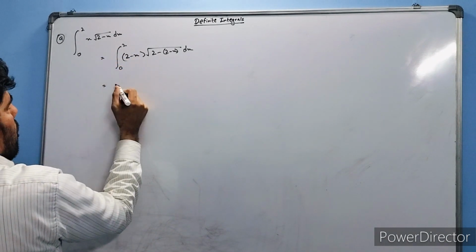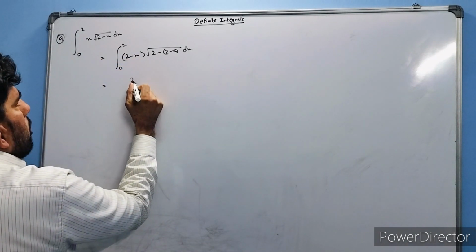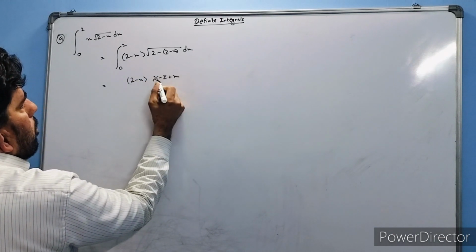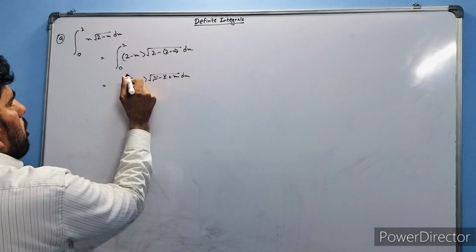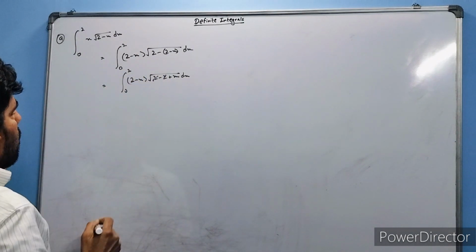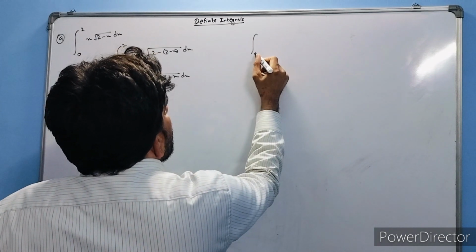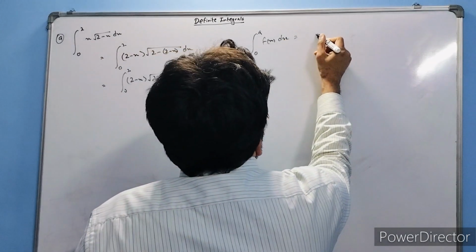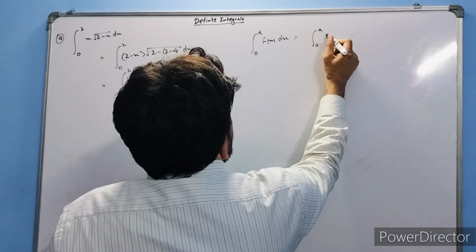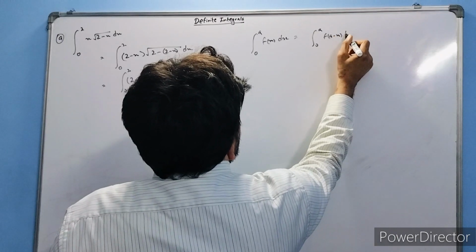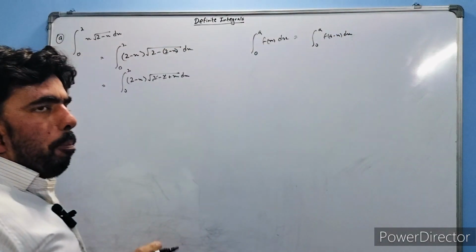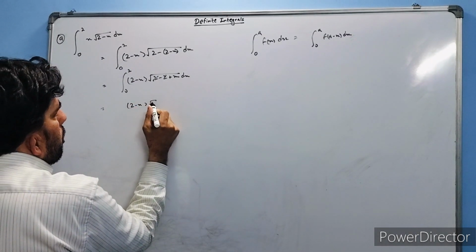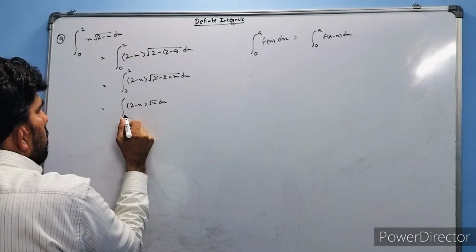Okay, so now what I got here, if I see 2 minus x and I open the bracket here, I will get this dx, 0 to 2, because here I have applied the property, that is integral 0 to a f(x) dx is equal to integral 0 to a f(a minus x) dx. So this property I have used here. So now I will get 2 minus x root x dx, 0 to 2.